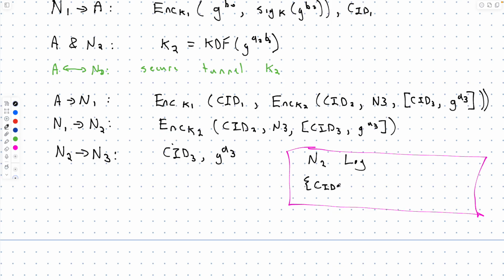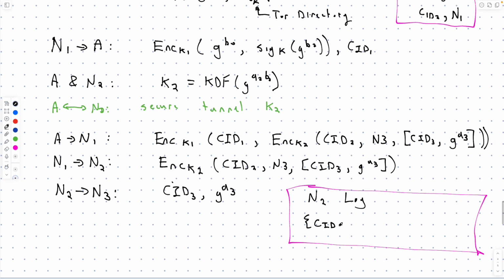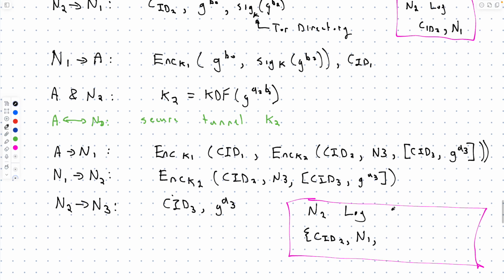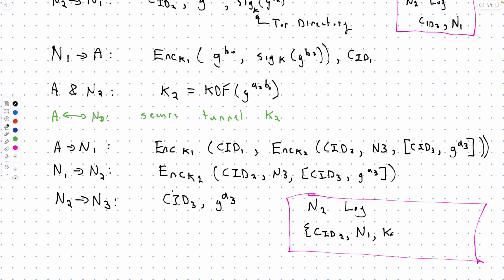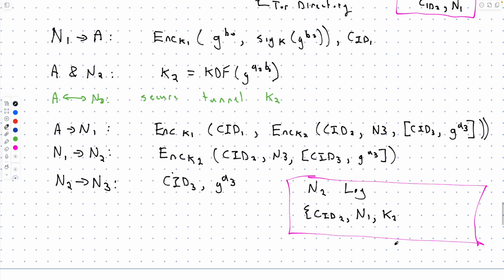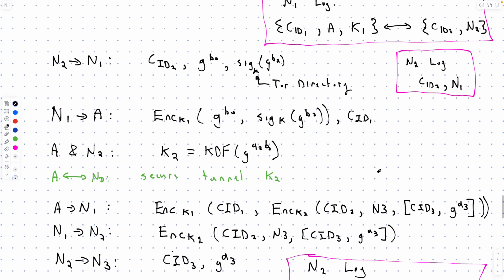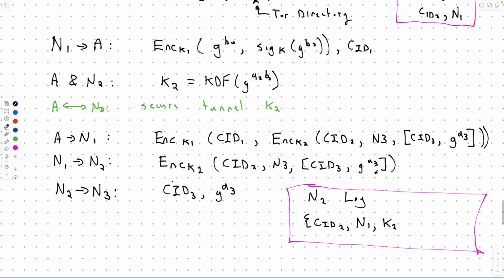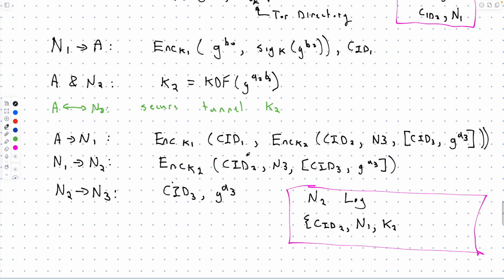This is coming from N1. And it knows that I'm going to derive a key between me and Alice. Sorry, I'm confusing myself here. Sorry, this is N2's log. Yeah, we'll do N3's in a second.